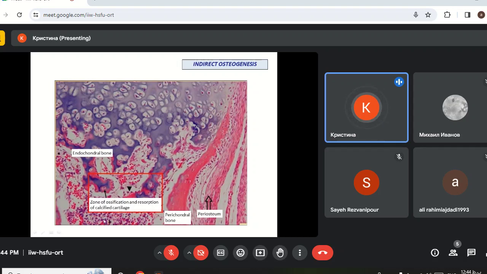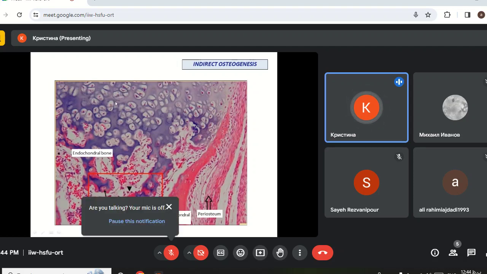If we go deeper, here we have the cavity filled with the developing red bone marrow and some blood vessels. And in this region we have the zone of ossification and resorption of calcified cartilage. The chondrocytes here are hypertrophied, larger than normal.